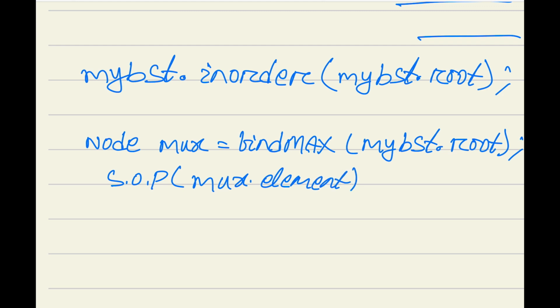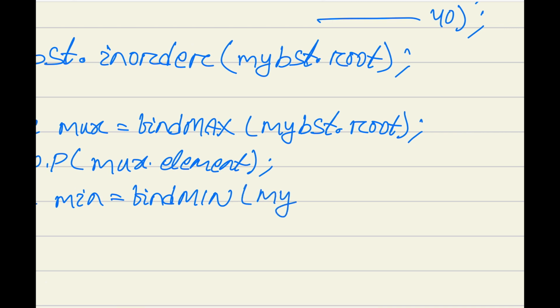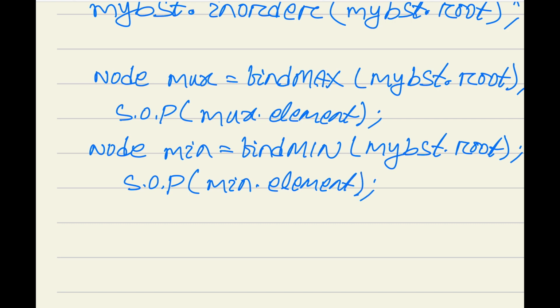So max dot element will be the maximum value among the nodes present in the tree myBST. Similarly, you can take another node min and we can call the findMin method. So findMin, and same we are providing myBST dot root. So here we can print system dot out dot println min dot element.